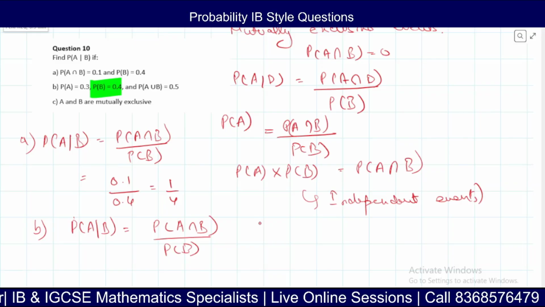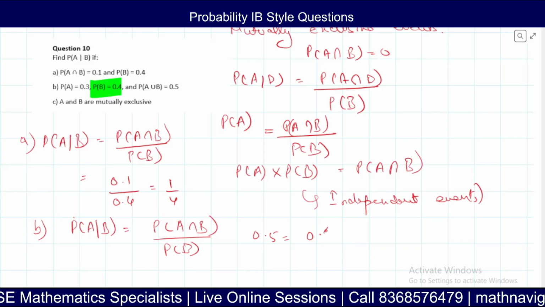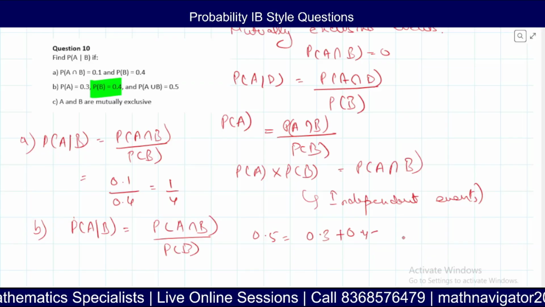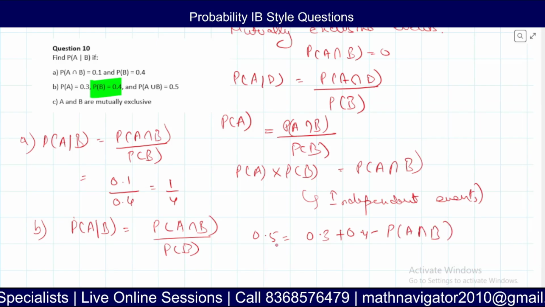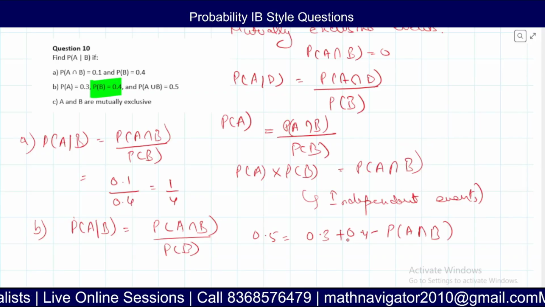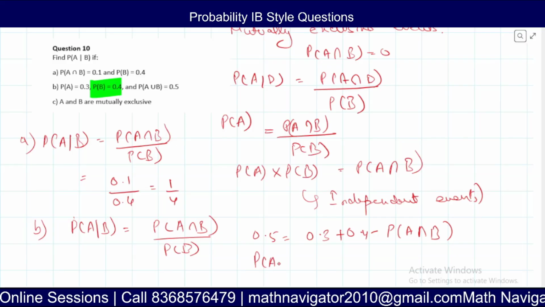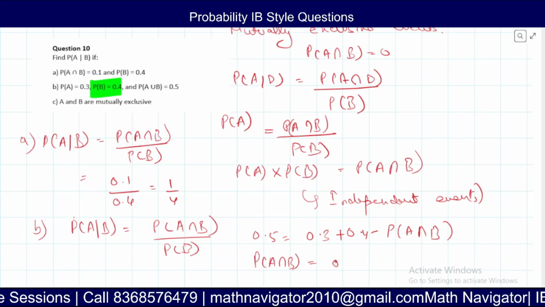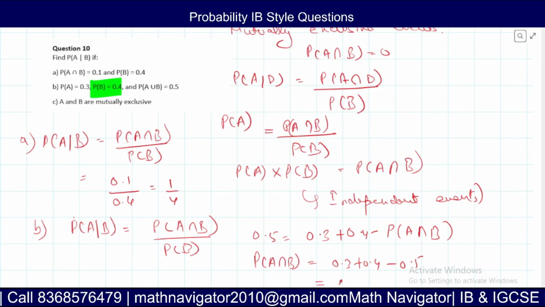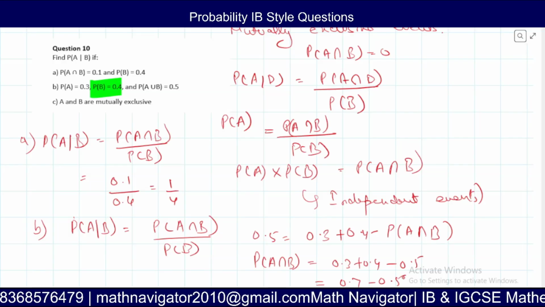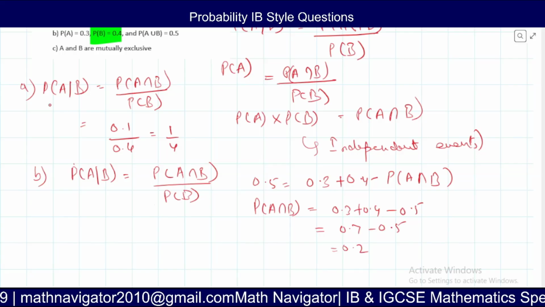I can use the addition law of probability, which says 0.5 is equal to 0.3 plus 0.4 minus probability of A and B. That means probability of A union B is equal to probability of A plus probability of B minus probability of A and B. So probability of A and B is equal to 0.3 plus 0.4 minus 0.5, which gives me 0.7 minus 0.5, which gives me 0.2. Done.